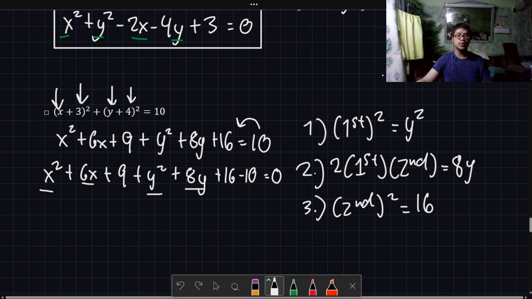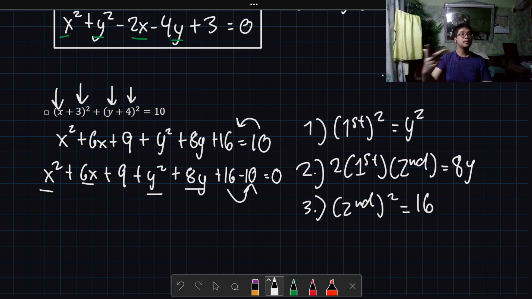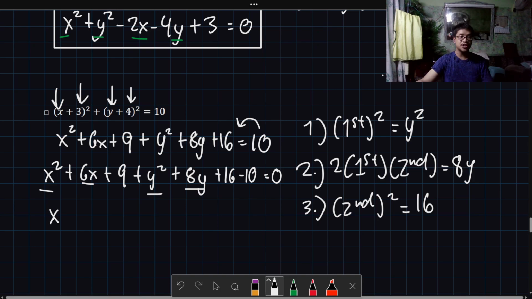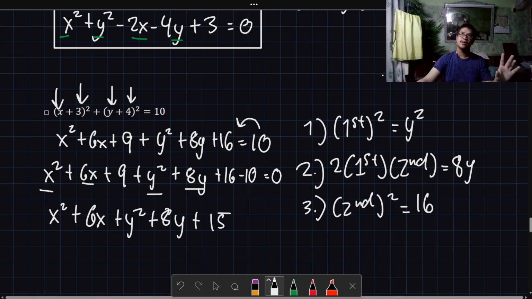Let's start first with the simple one. 16 minus 10 would be 6. 6 plus 9 is 15. So you will have 15 as your final constant. Let me just copy the other terms. We have this one, then plus 15. Then what's the last step?